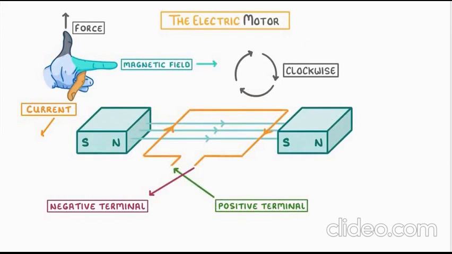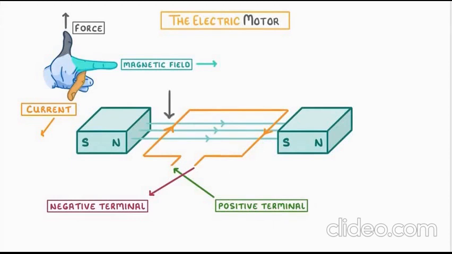What will happen then? Because of this positive and negative terminal shift, now current will flow from the left and come out towards the right, and because of that the direction of force will also change. Earlier it was upward on the left and downward on the right. So now after changing the direction of current, the force's direction will also be changed.